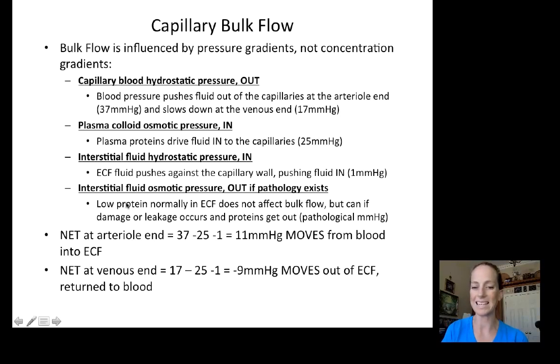So this should normally not be the case, but there is some pathology if you have leaking proteins into the fluid that might cause problems there. So a net of 11 moving from the blood into the tissues, and a net of negative 9 moving from the tissues back to the blood.